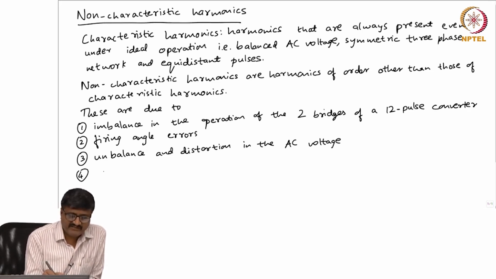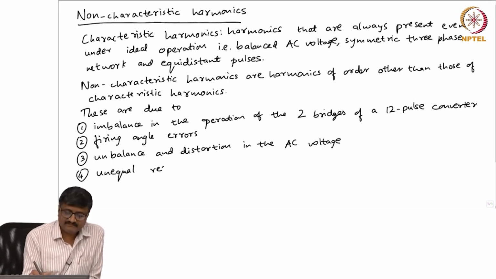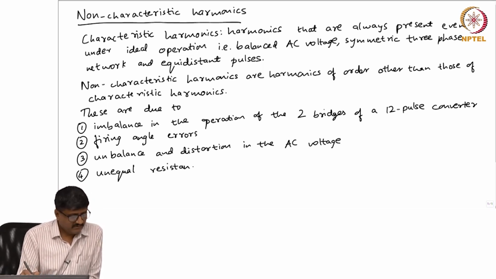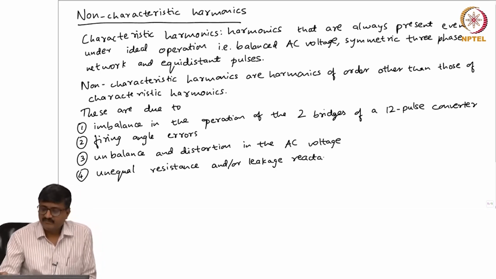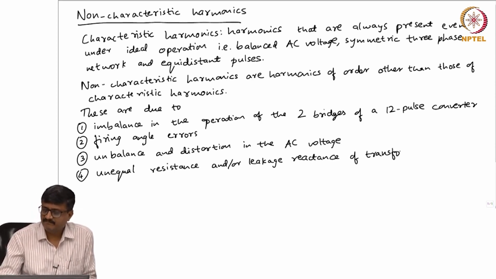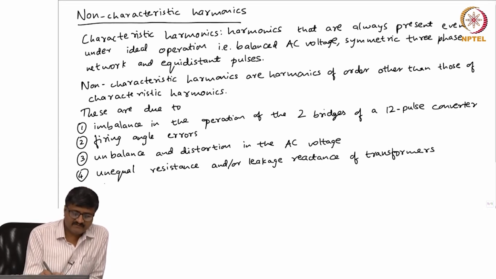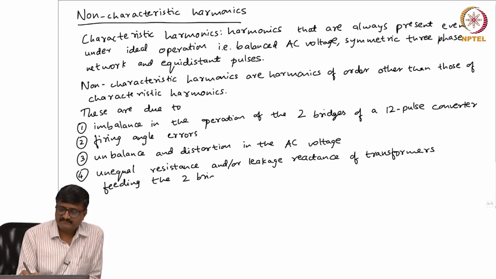So, unequal resistance and/or leakage reactance of transformers feeding the two bridges of a 12 pulse converter.